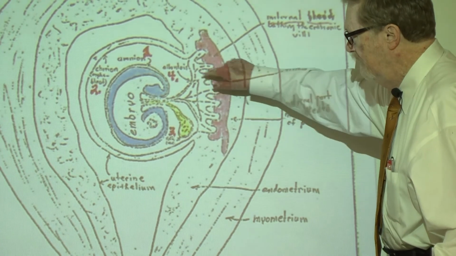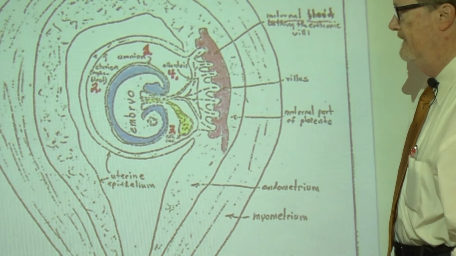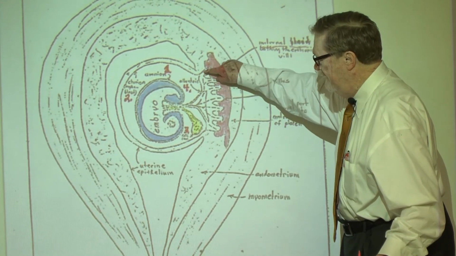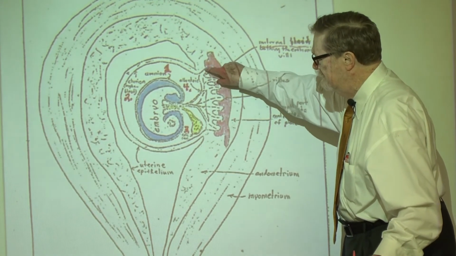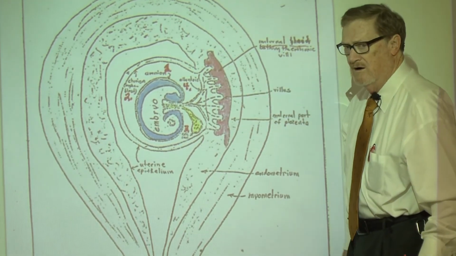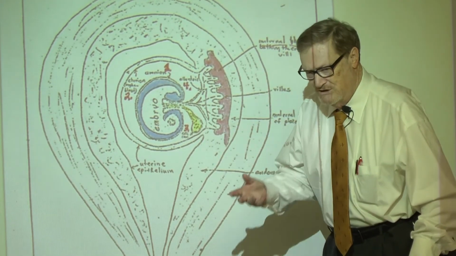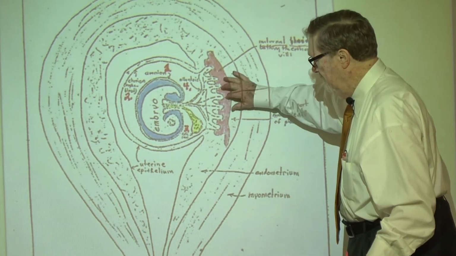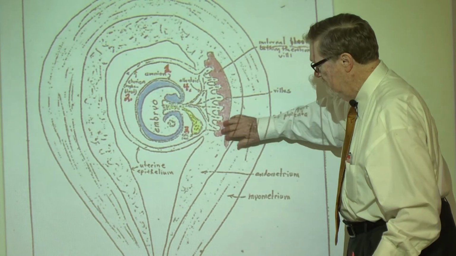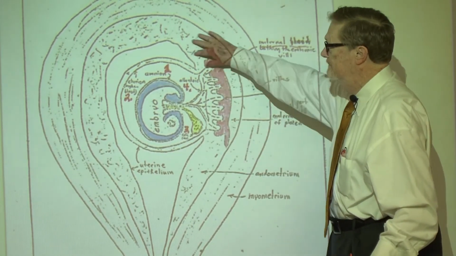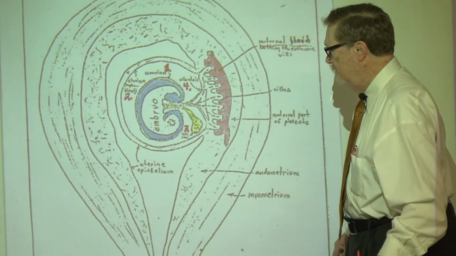Now, it turns out that in a human, these little finger-like processes, which are made up basically of 3 different kinds of tissue, are bathed by maternal blood. There aren't any maternal tissues that act as barriers to transplantation. Maternal blood bathes these little chorionic villi that stick out up in the placenta, inside the uterus.